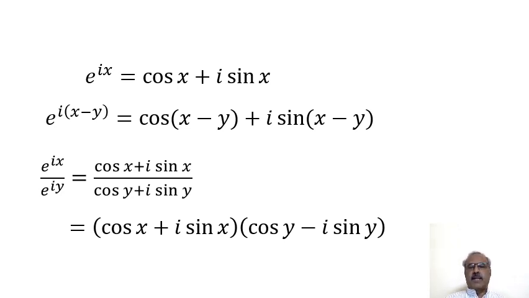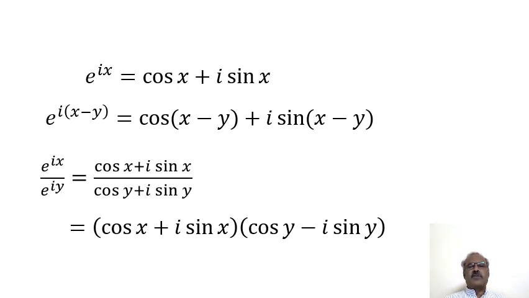Because when we expand this, we will get terms which do not involve i and terms which involve i. We have seen in our last video about sine of x minus y that we obtained sine of x minus y using the coefficient of i in this expression.